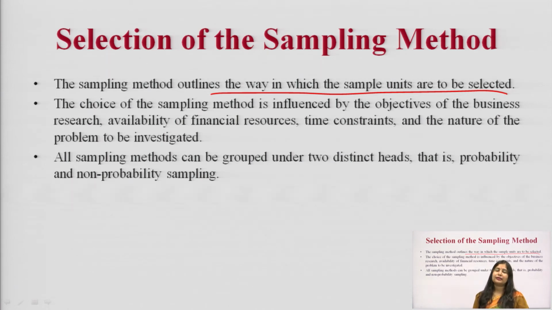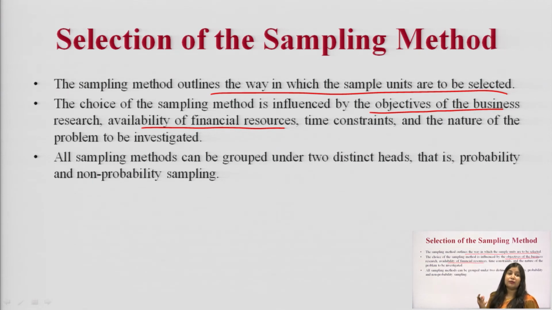So, after defining the sampling unit, you should define what the sampling method should be, or in what way you are going to collect your sample. The choice of the sampling method is influenced by the objective of the business research and the availability of financial resources, because there are different types of sampling methods. Some may be very costly, some may be less costly.